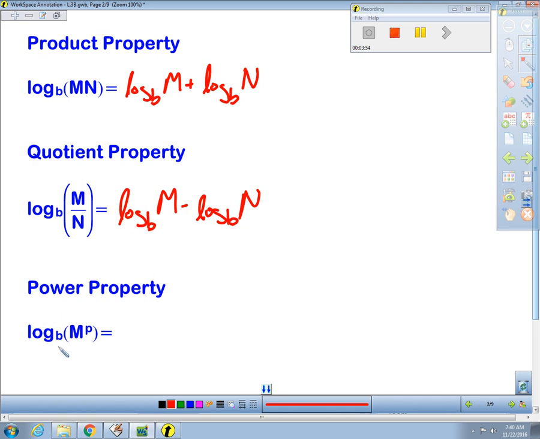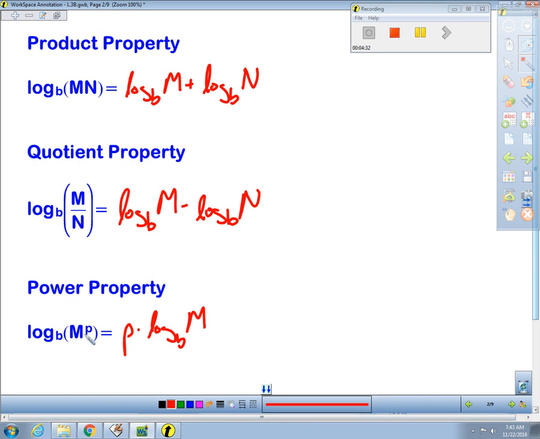Power property. The log base b of m to the p. We are taking an exponent to another exponent. We are taking a power to a power. What do we do when we take a power to a power? We multiply them. I'm going to rewrite this as p times the log base b of m.